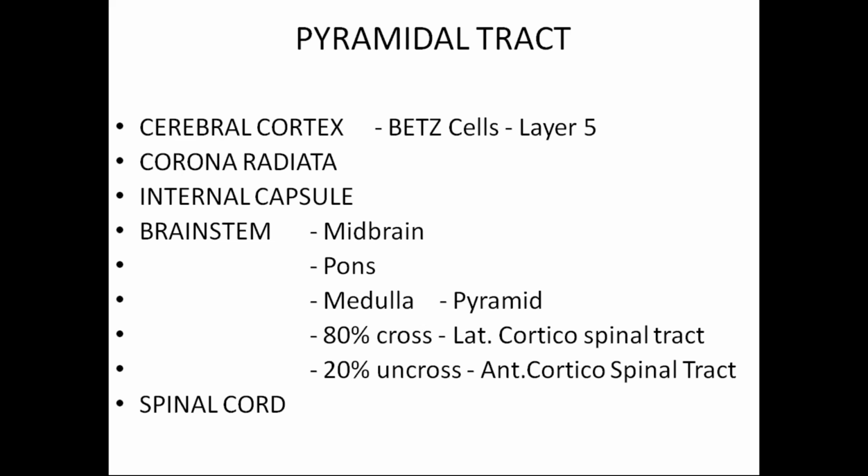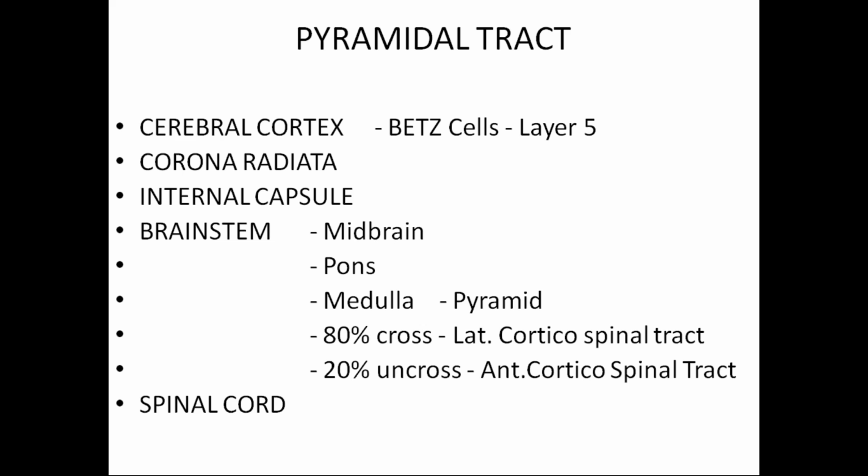This tract starts from the cortex and then flows directly to the muscles. First of all, from the cerebral cortex, it starts from Betz cells, layer 5, because there are 6 to 7 layers in the brain. It progresses into the corona radiata and gets densely compacted in the internal capsule and then passes through the brainstem.